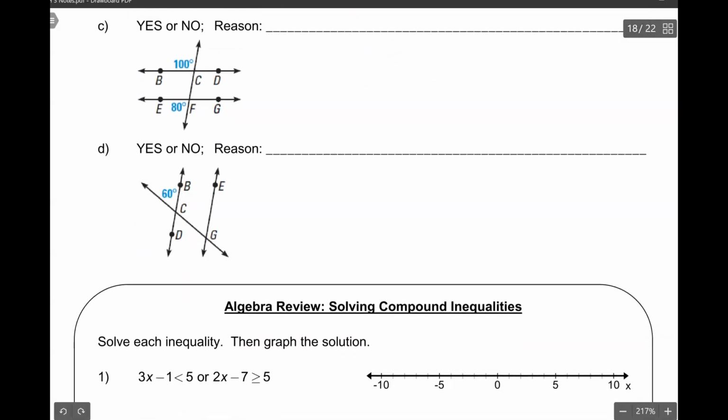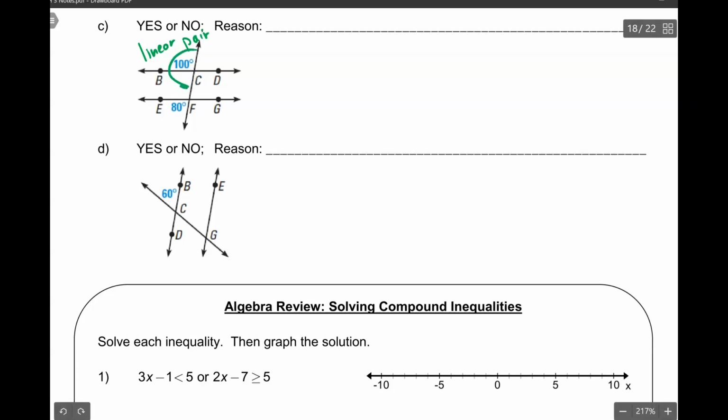All right, let's check it. Is there enough information? Well, let's see. Right here, I could have a linear pair, which means that if I go all the way across, it would be 180 degrees. So this angle here must be 80 degrees.